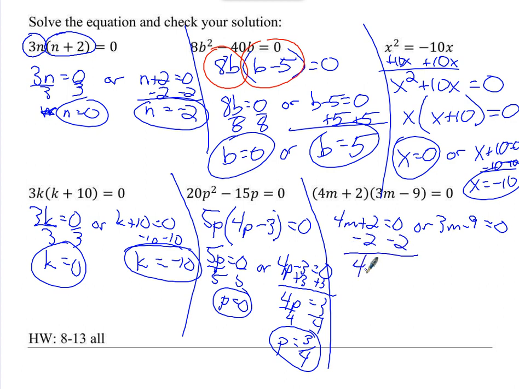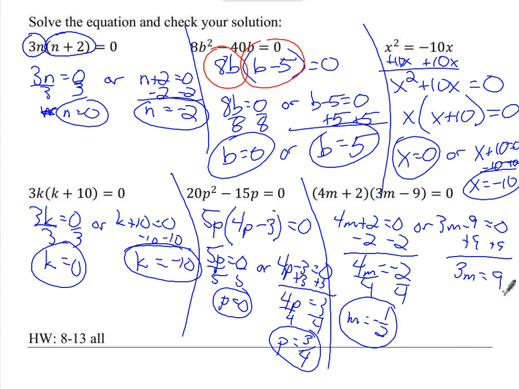And that gives me? Good. And then we divide by 4, and we have m equals -1/2. And the second one? Add 9 to both sides, and then we divide both sides by 3, and m equals 3.